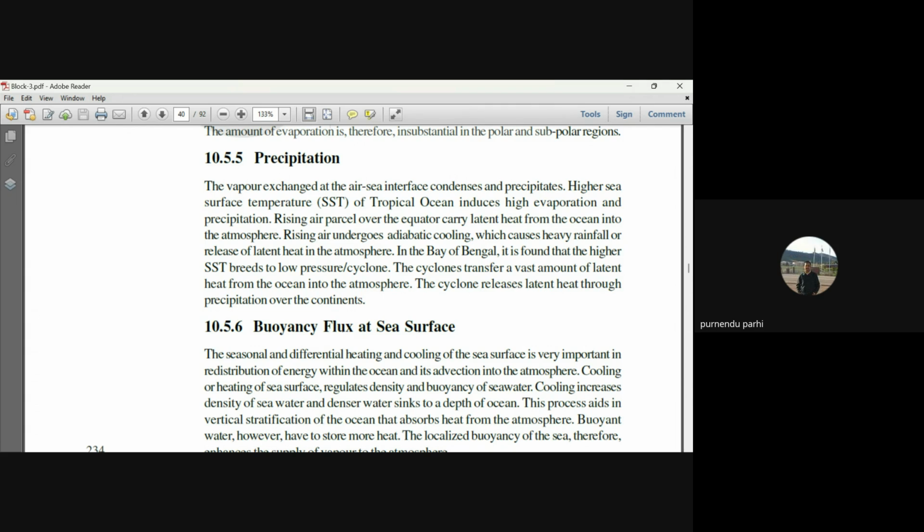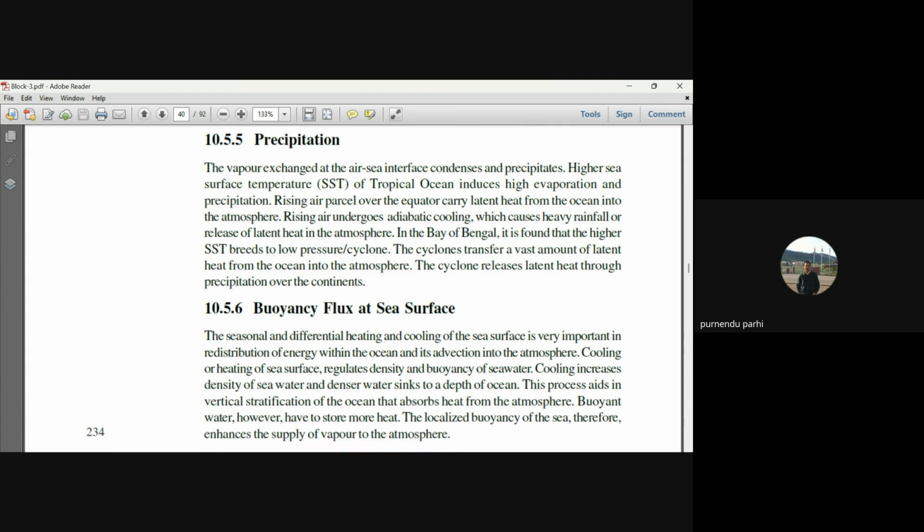In the Bay of Bengal, it is found that higher sea surface temperature breeds low pressures or cyclones. The cyclone transfers a vast amount of latent heat from the ocean into the atmosphere. The cyclone releases latent heat through the precipitation over the continent.